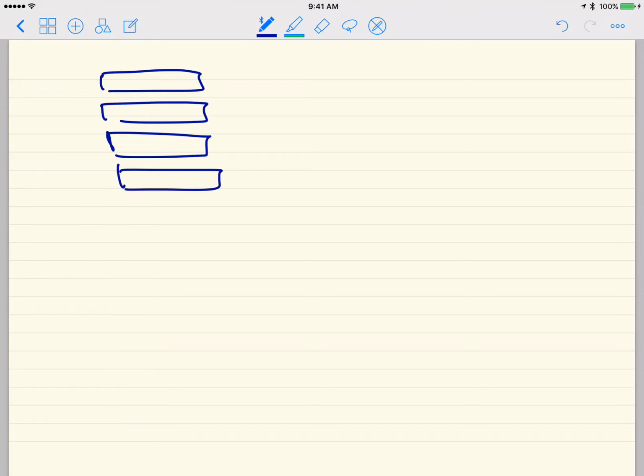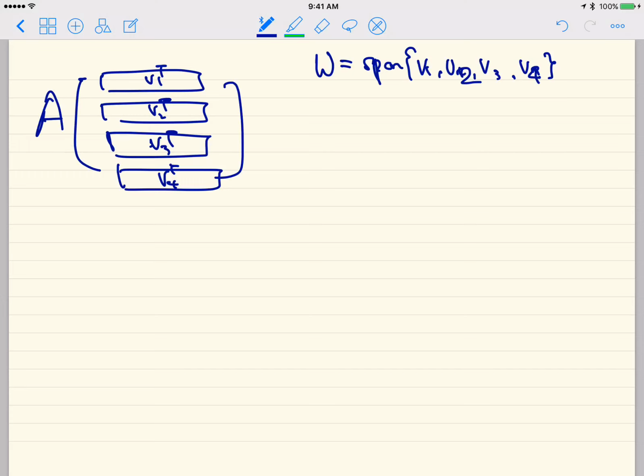In this case, if you have maybe 4 rows in the matrix A, then think about the subspace W, which is the span of V1 transpose, V2 transpose, V3 transpose, V4 transpose, the span of these 4 vectors. Oh, sorry.